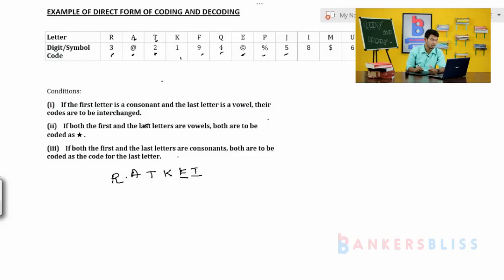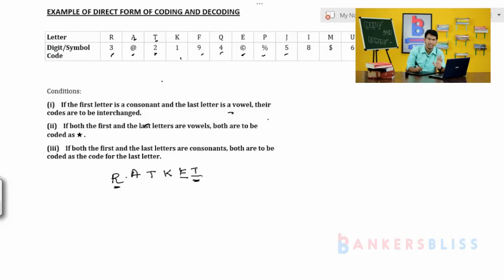According to the condition, if the first letter is a consonant, R is the consonant, and the last letter is a vowel. What is the last letter, guys? The last letter is I. I is the vowel, and both are to be coded as interchange.